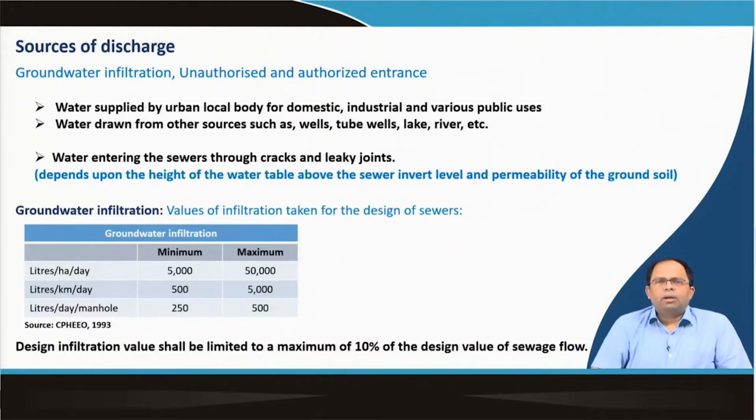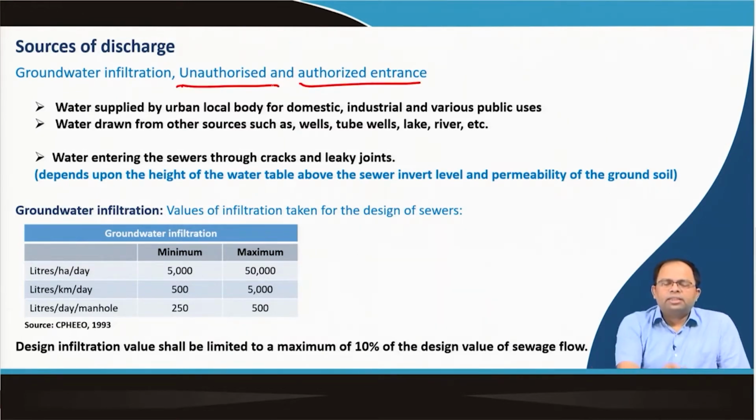So, when we talk about the source of the sewage that is being generated in urban areas, usually there are three kinds of sources. One is groundwater infiltration, that means a lot of groundwater enters into the sewage pipeline. Then there are authorized entrances and unauthorized entrances.